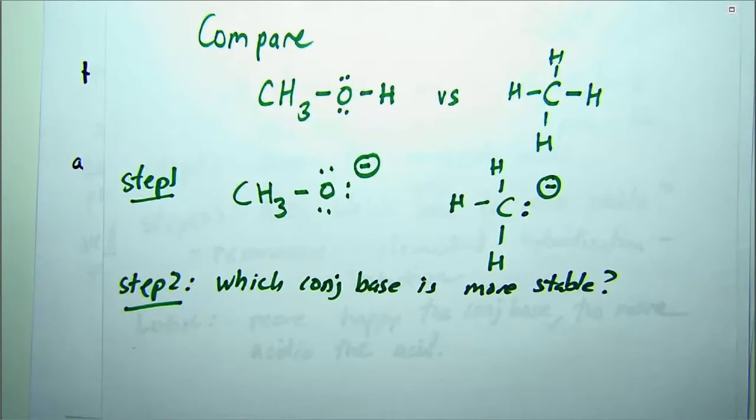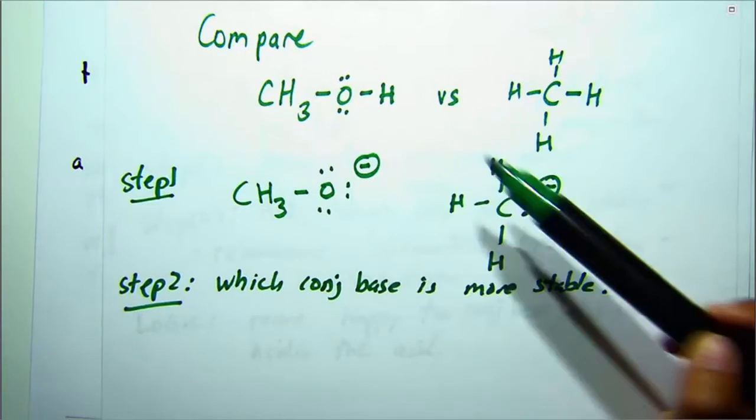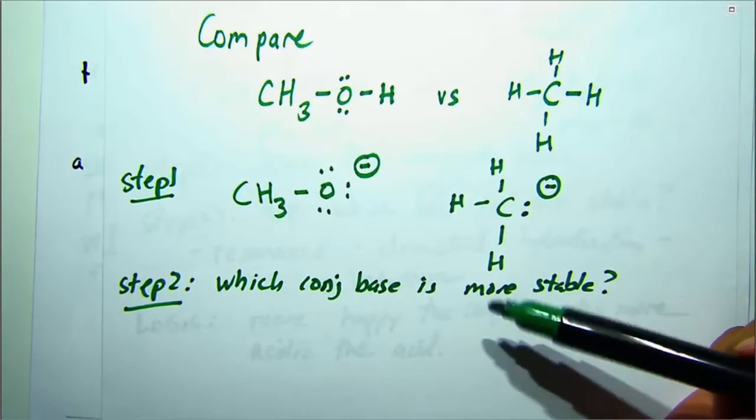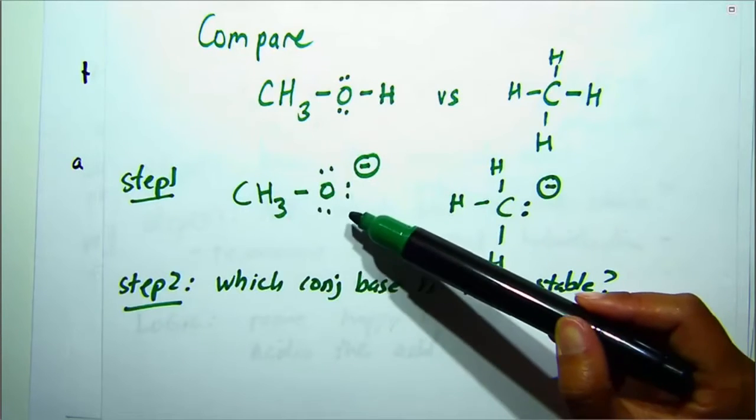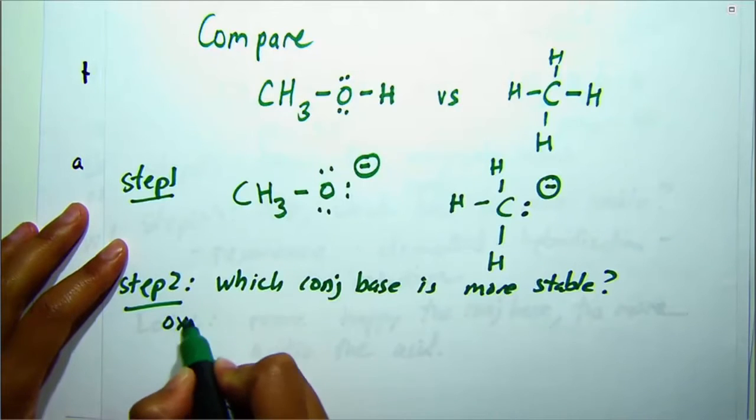Now this effect is actually pretty huge as well. There's no resonance in these structures. These are actually two completely different elements. We're comparing O minus versus C minus. Which one's more electronegative, oxygen or carbon? Well, oxygen is more electronegative.